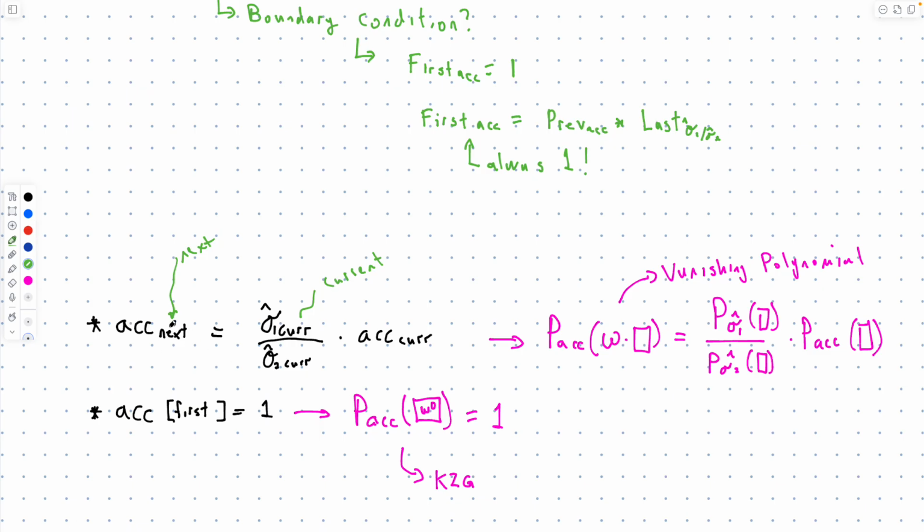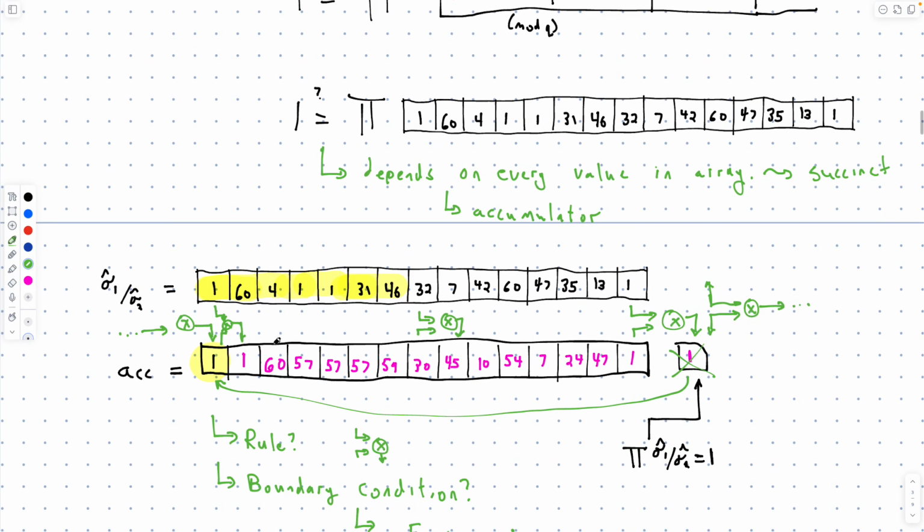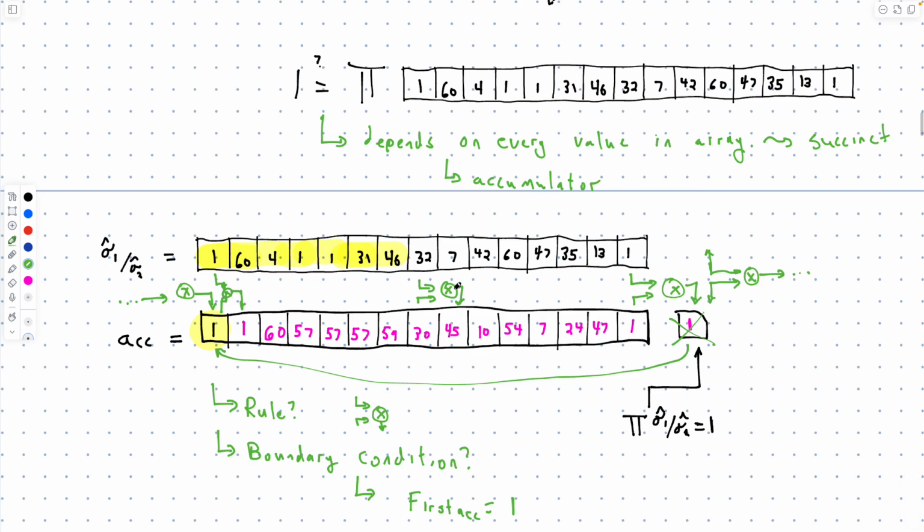And then for every next value in my accumulator, I'll set it to be the division of these 2 sigma values at the current vector, multiplied by the current value of the accumulator. So in this case, current is here, next is here.